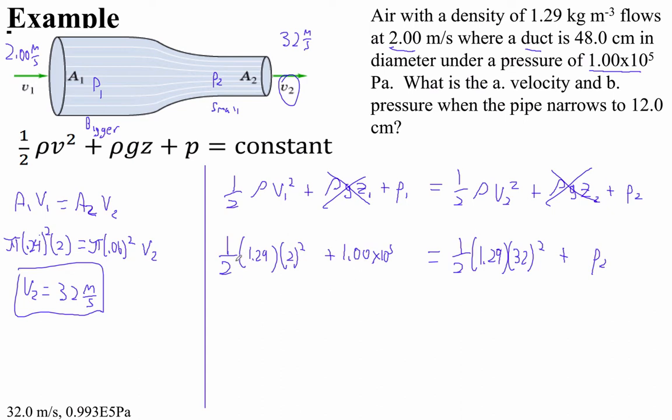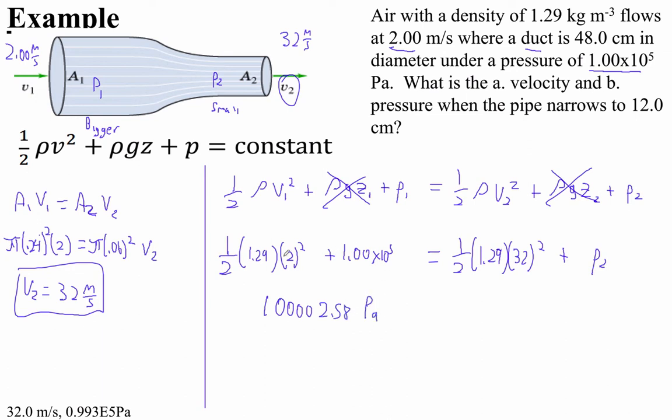Okay, so let's just do this. I'm going to start on this side. 0.5 times 1.29 times 2 squared plus 1E5. That's 1 with 4 zeros, 2.58 pascals.